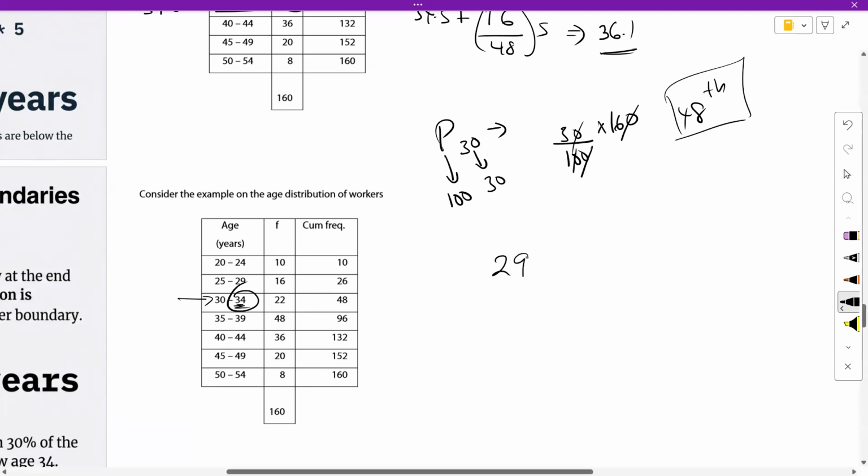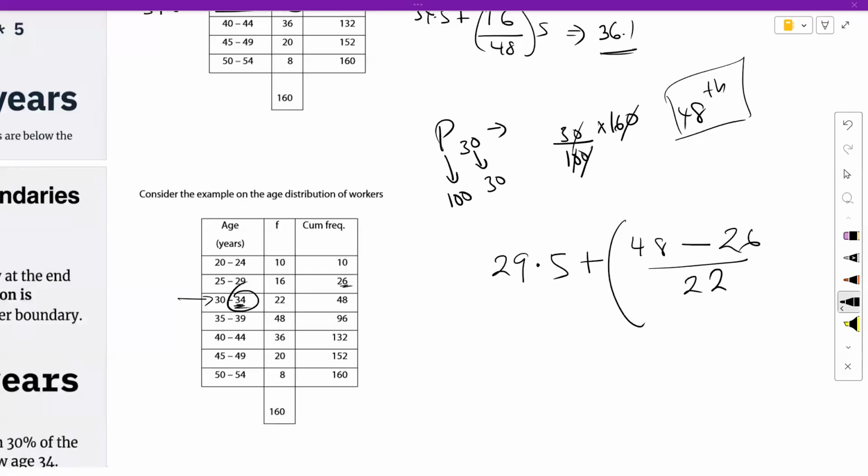So the lower boundary is 29.5 plus, and the location is 48 minus the previous cumulative frequency, which is 26, divided by 22. Here the frequency of the modal class is 22, and the class width is 5.